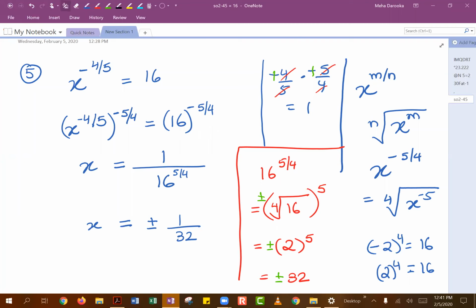When we inverted that fraction, we still had to take the negative, which means we had a negative sign here. But let's say this was just x to the positive 4/5, then this negative sign would not have happened. You would have had plus or minus 32, not 1 over. So that 1 over 32 is simply happening because of this negative. You would just be working with whole numbers, or integers in this case. Anything else?